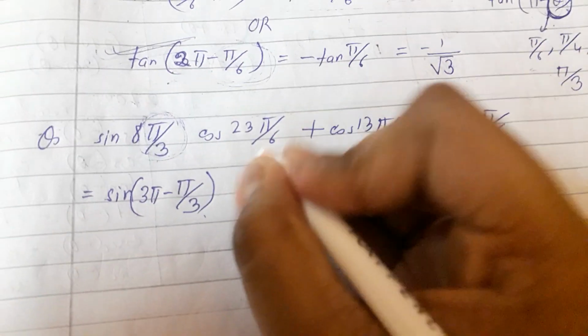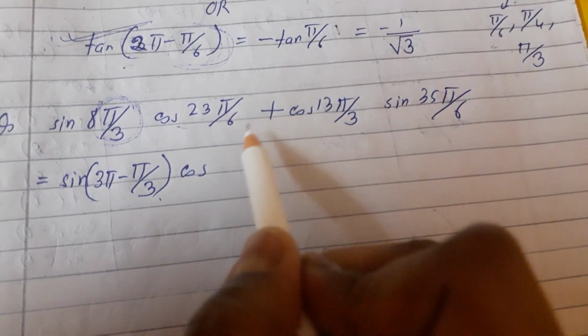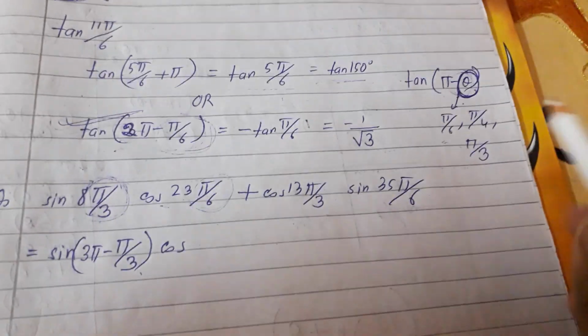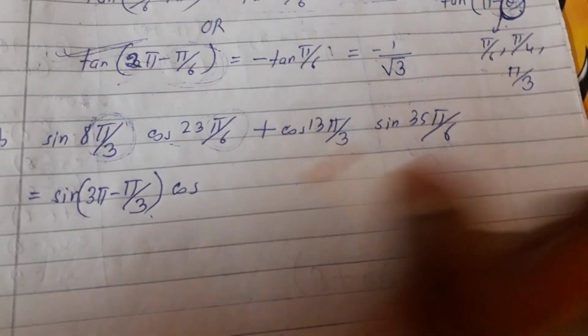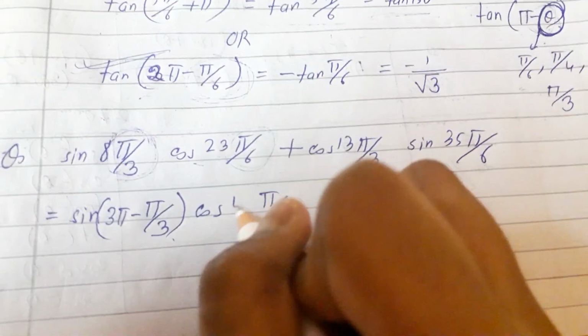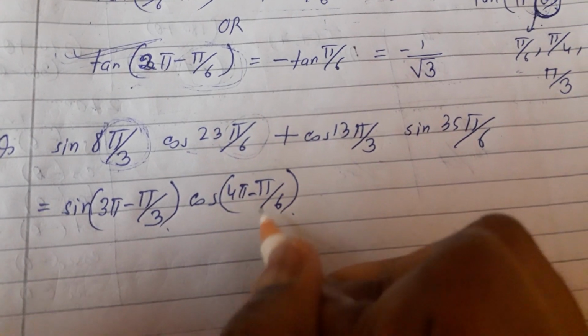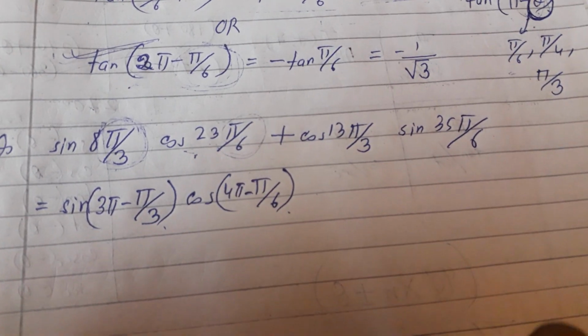Similarly, in the case of cos, see, cos 23 pi by 6, you have to write pi by 6 in the place of this theta, okay. So pi by 6, and you can write 4 pi minus pi by 6. 24 pi minus pi by 6, that will be 23 pi by 6.